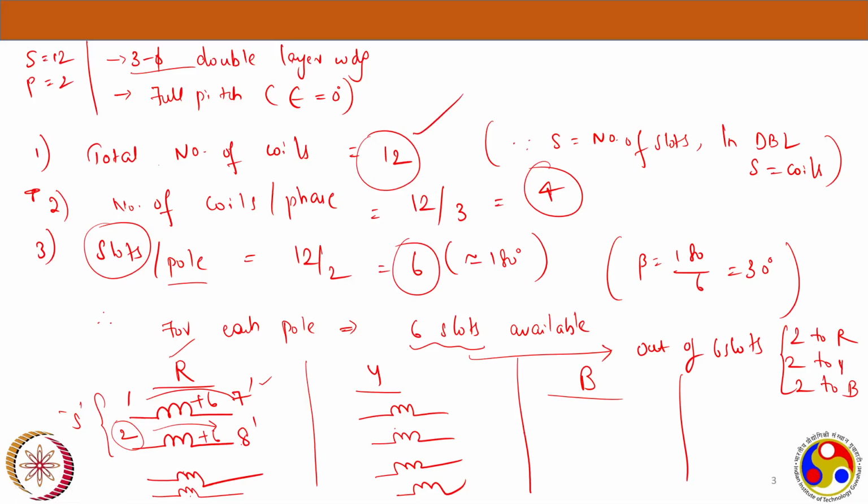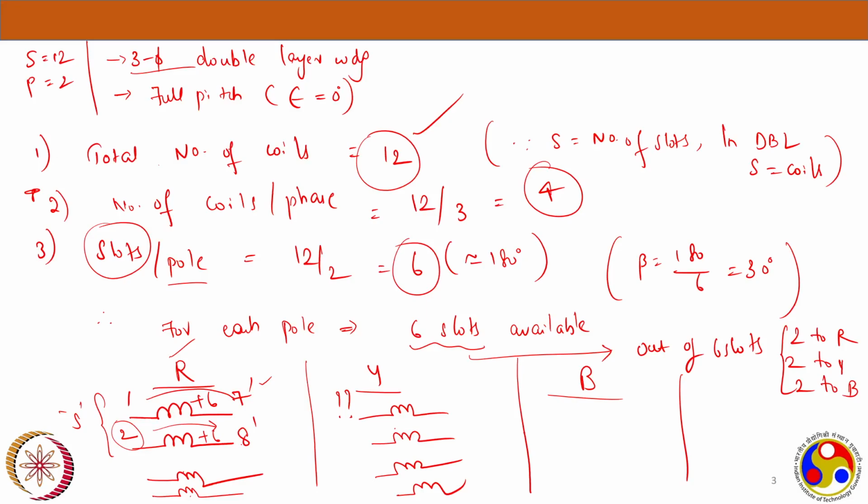That's why we will arrange it into all three phases. Now let's look into the next part, which is the starting point of Y phase. See, the first coil is the starting of the R phase. Can someone tell me what is the starting point of Y phase? Conceptually you have to think, it will be easy if you can get it.